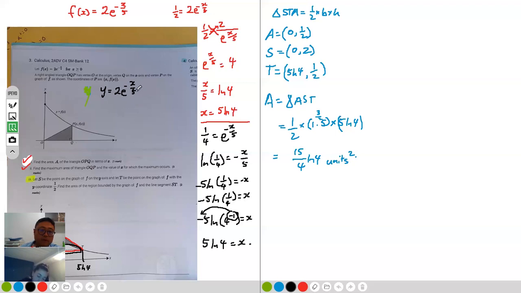We would have y on 2 equals e to the power of minus x on 5, and it would be ln y on 2 equals negative x on 5, and we would have minus 5 ln y on 2 equals x. Does that make sense? Yeah.